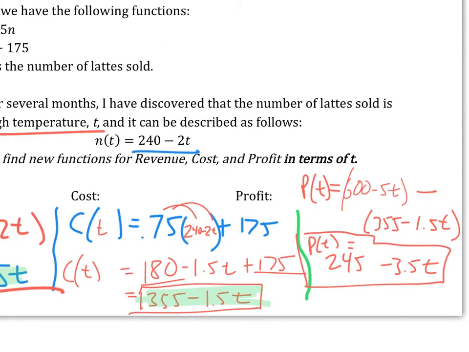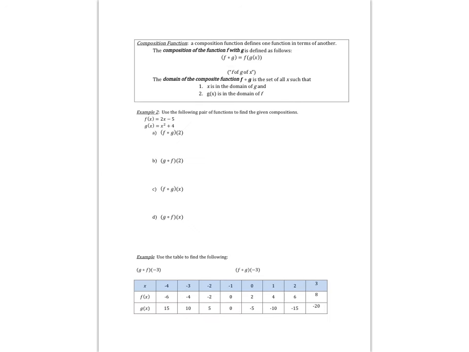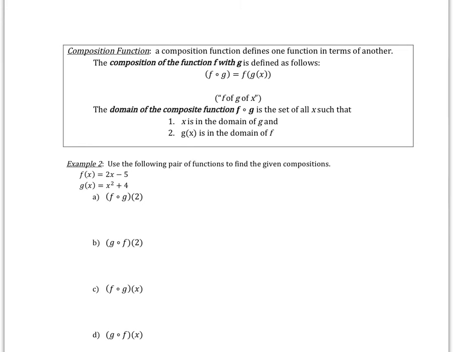So let's look at some more composites. What we just did is called a composition of functions. We took one function and put it inside of another, and we get a new function that can be useful in different ways. So now let's find some compositions. We write this notation here.